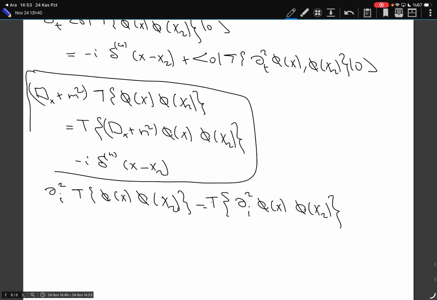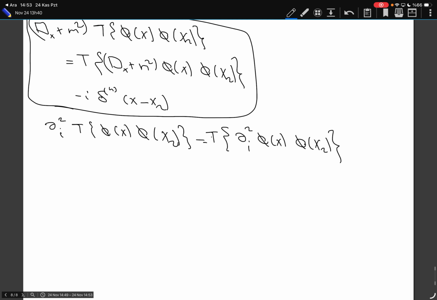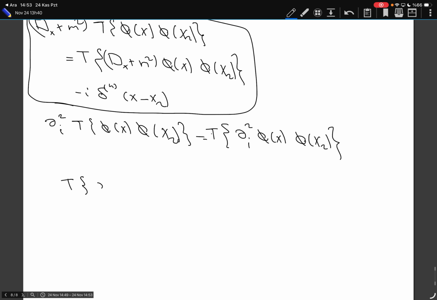Now we can generalize it to more than two fields. Let's say, what happens if we have this one? Well, again, let's do this explicitly. For simplicity, I will assume x2 0 is larger than x3 0.